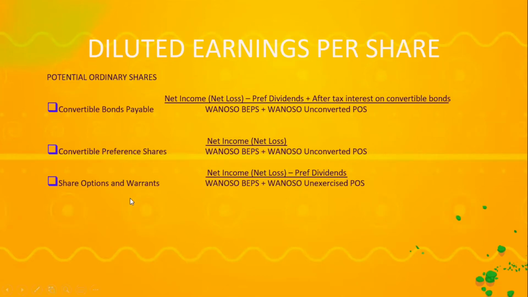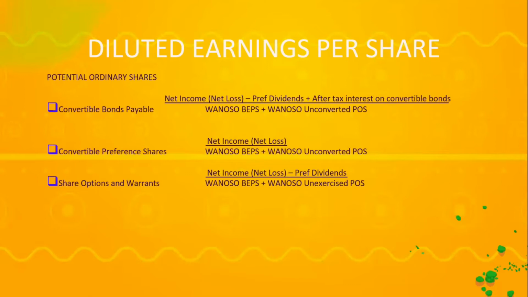Okay? And then finally, share options and warrants, it's the same numerator over the one also BEPS plus the weighted average number of shares outstanding for the unexercised potential ordinary shares.